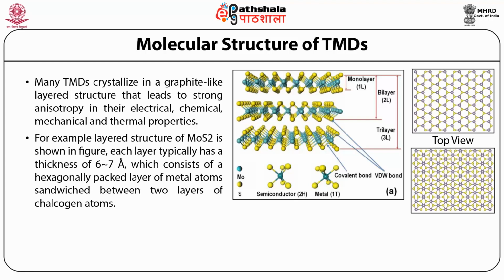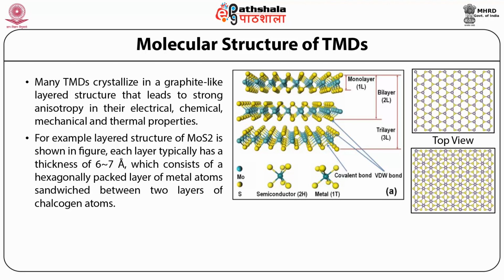For example, in the layered structure of MoS2 shown in the figure, each layer typically has a thickness of 6 to 7 angstrom, which consists of a hexagonally packed layer of metal atoms sandwiched between two layers of chalcogen atoms, in this case sulfur.